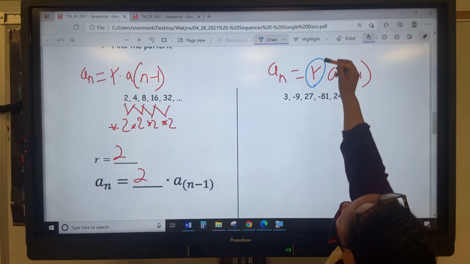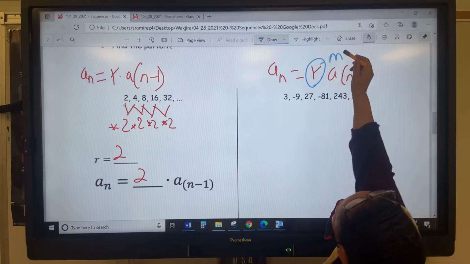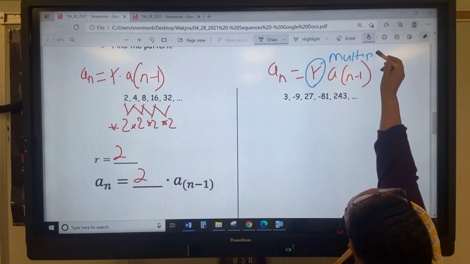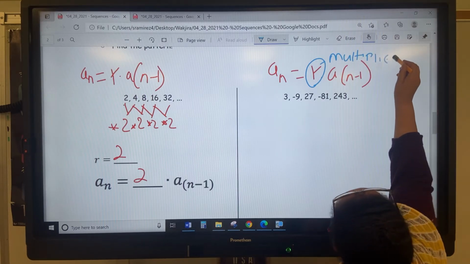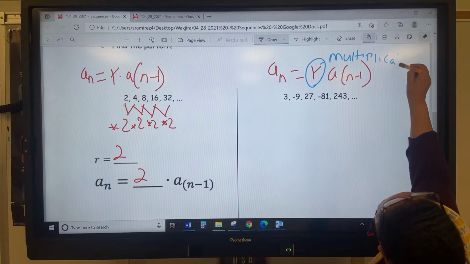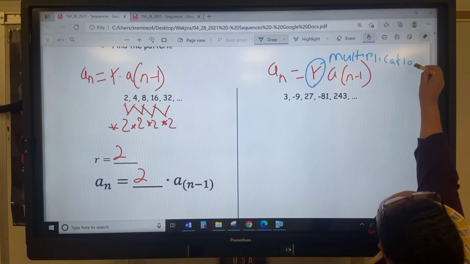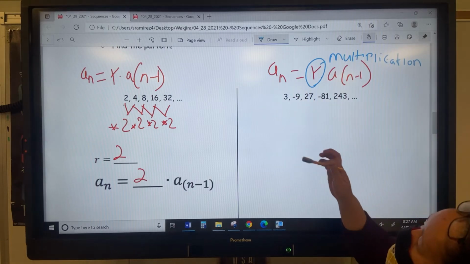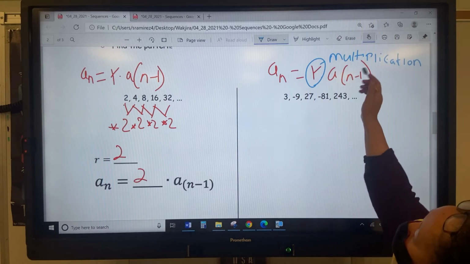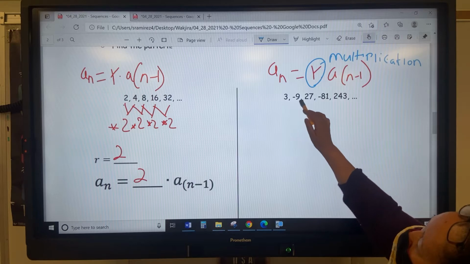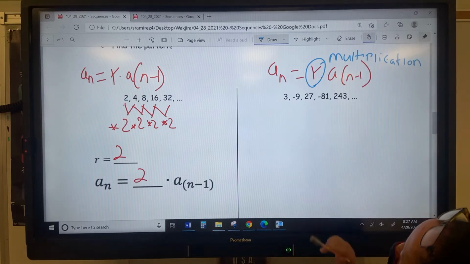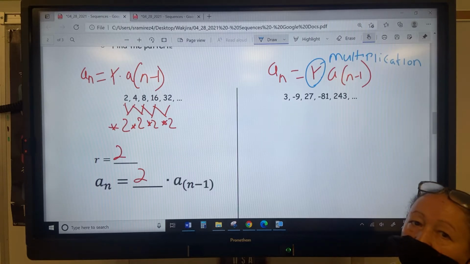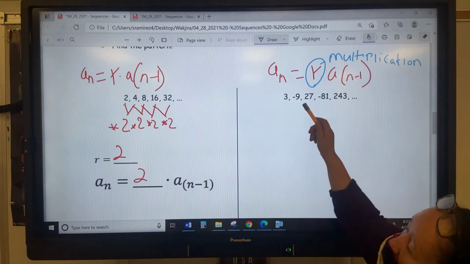This is like R, it is multiplication. When you find the geometric sequence, it is multiplication. So we have to find that the R is multiplication. So what multiplies 3 in order for us to get minus 9, the negative 9?